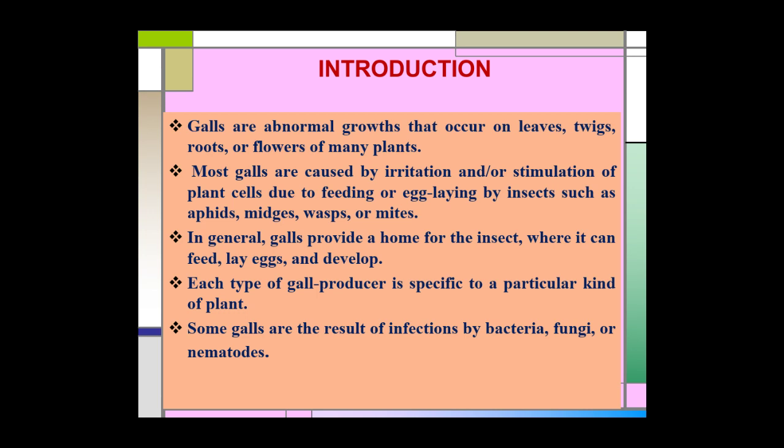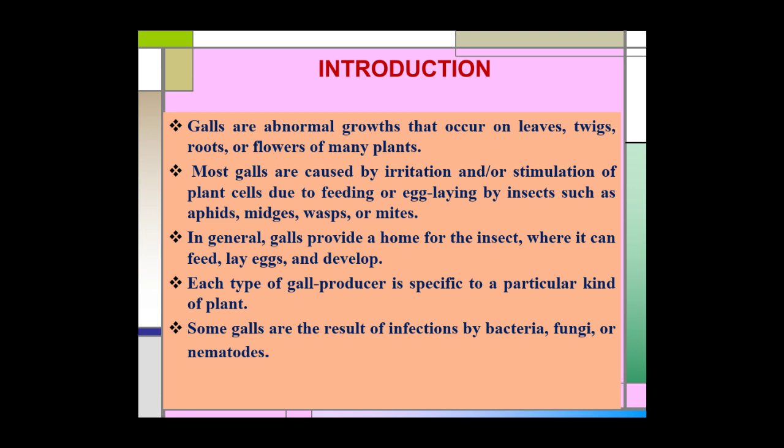In general, galls provide a home for the insect, and in these galls the insects can feed, lay eggs, and complete their life cycle. Each type of gall producer is specific to a particular kind of plant.